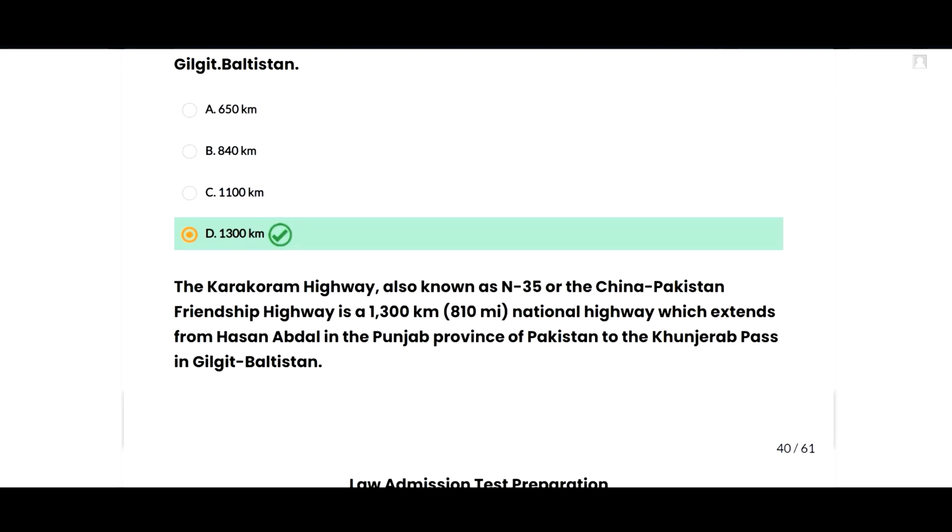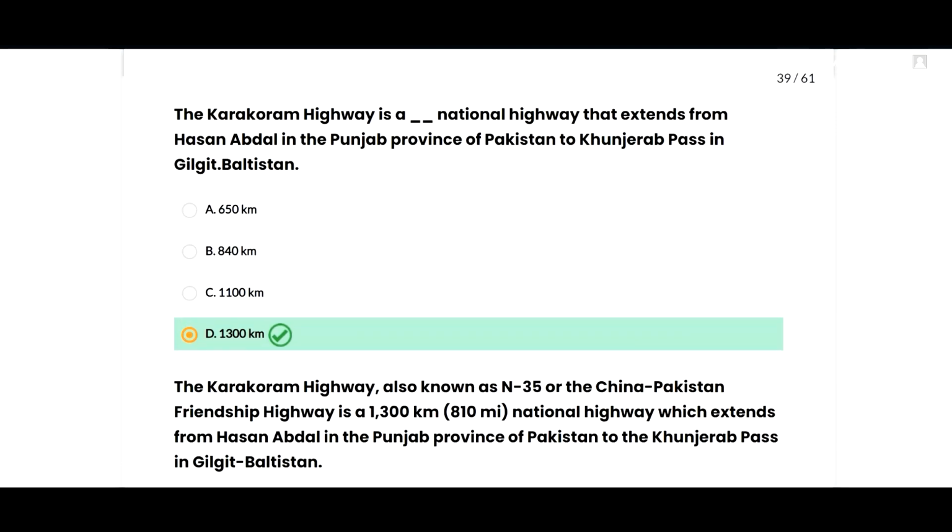The Karakoram Highway, also known as N35 or the China-Pakistan Friendship Highway, is a 1300 kilometer national highway which extends from Hasan Abdal in the Punjab province of Pakistan to the Khunjerab Pass in Gilgit-Baltistan. Here D option is correct.